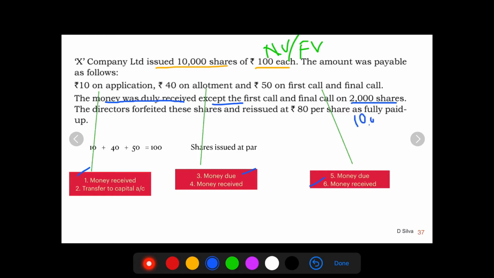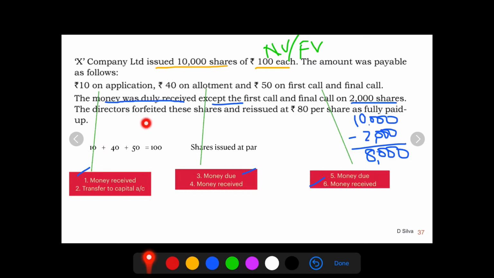So how many shares do we have in the company? 10,000 shares, out of which we are going to reduce 2,000 because they haven't received any money on these shares. So for how many shares are we going to receive? It is only for 8,000 shares.